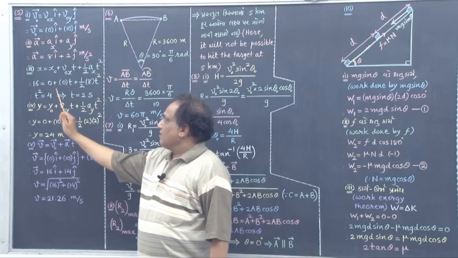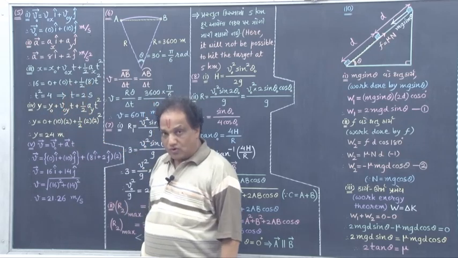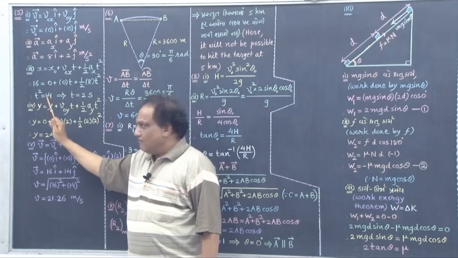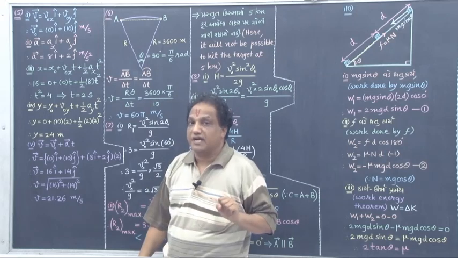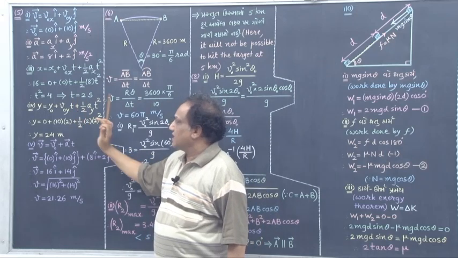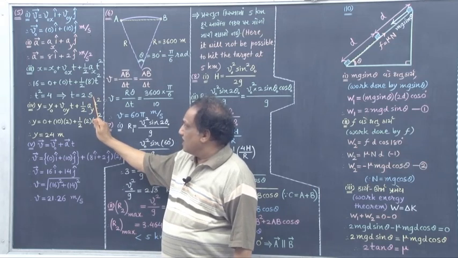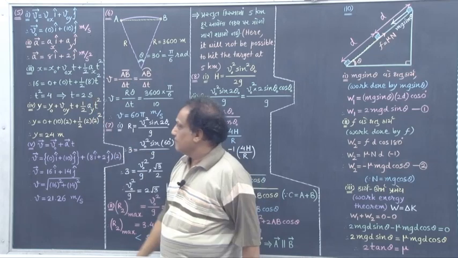Now, this part is 0, 8 upon 2 is 4, 16 upon 4 is 4. When t square is 4, if you take the square root, t equals 2 seconds. Leave proper gap here, don't put any full stop, and write small s for second, okay?